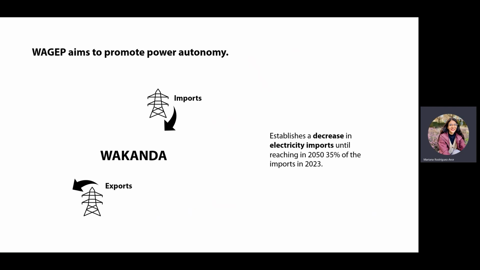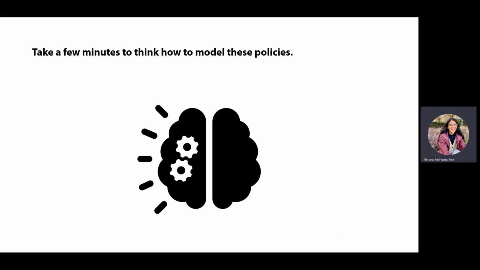The Ministry of Environment created a model with multiple scenarios, and they want to incorporate an additional scenario that considers the least cost scenario and the goals established in the expansion plan. The least cost scenario will reflect the optimal energy system configuration under which the cost is minimized. Take a few minutes to think how to model these policies.